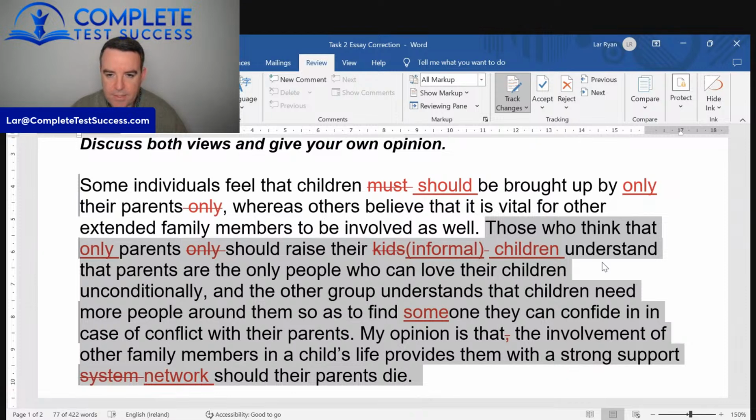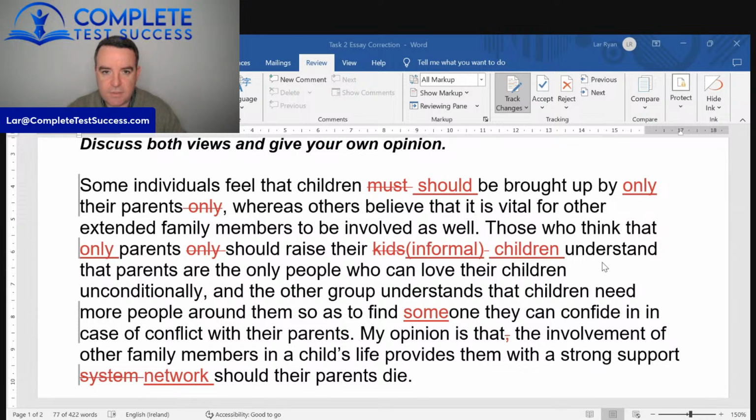I think it's a good way to kind of show a deep connection between the paragraphs, especially for higher coherence and cohesion scores. But the most important thing is the opinion. So we could replace all of that by just saying, my opinion is that the involvement of other family members in a child's life is important. And that would be it. So all the stuff that I've highlighted here, we could just replace with that basic opinion. And that I think would be better. Okay.